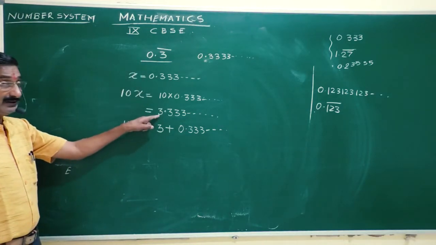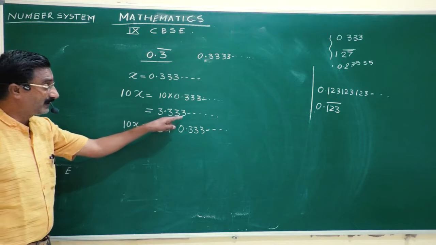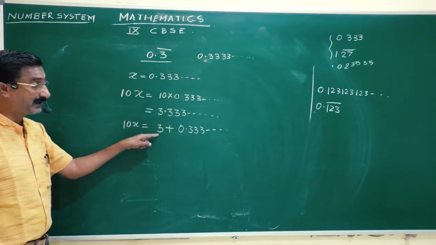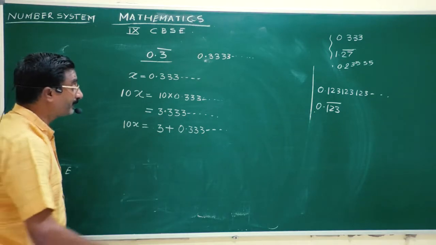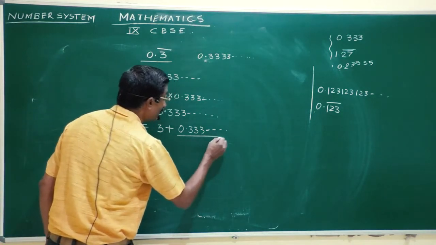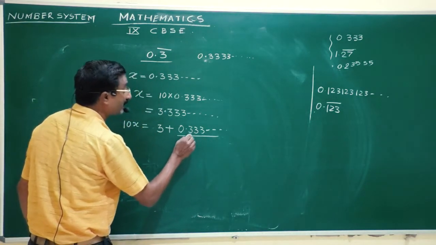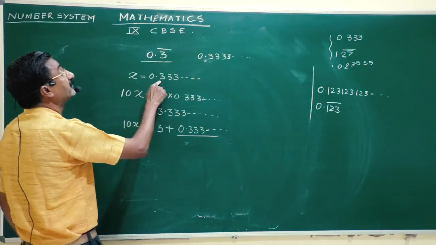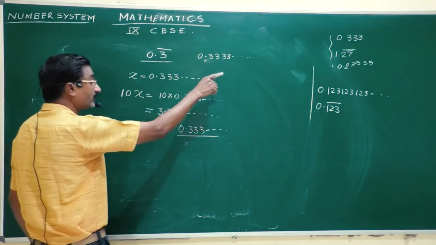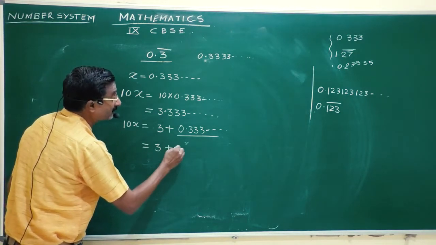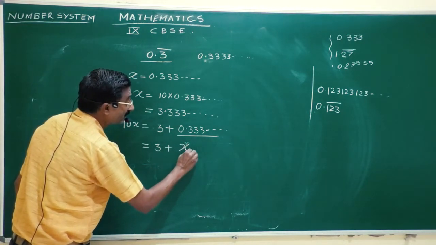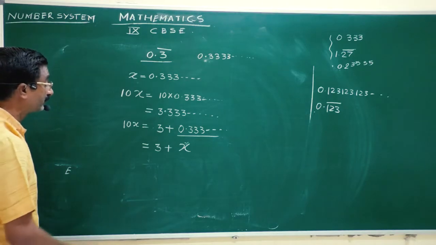This point is very clear. 3.333 we can write by splitting it, 3 plus 0.333. Why? Because we know that x is equal to 0.3333 and so on. So we will say 3 plus, we will substitute this value x.